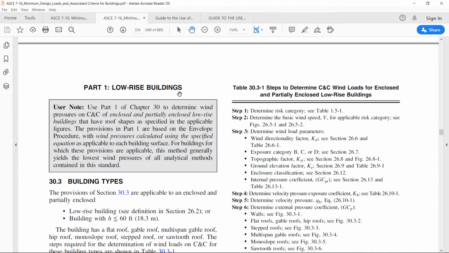Part 1 is low-rise building. Part 1 of chapter 30 is used to determine wind pressure on component and cladding of enclosed and partially enclosed low-rise buildings that have roof slope shaped as specified in the applicable figure. The provisions in part 1 are based on the envelope procedure with wind pressure calculated using the specified equation as applicable to each building surface.